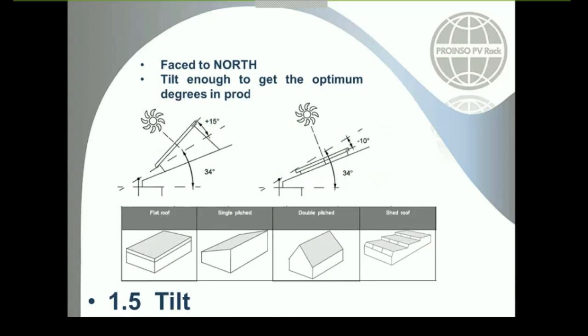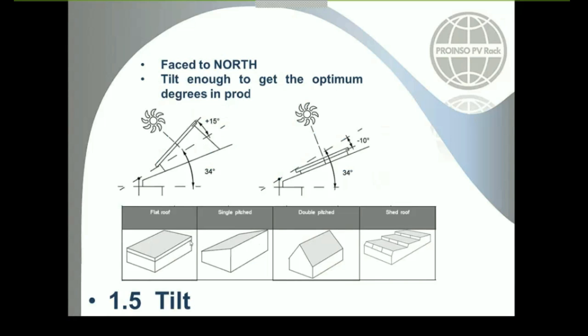Okay. And now, this is the last point for the location considerations. It is the last but not the least important, and it depends directly on the structure that we decide to put in our installation. For flat roofs, obviously, we have to install the optimal angle, or as close to the optimal angle as we can.